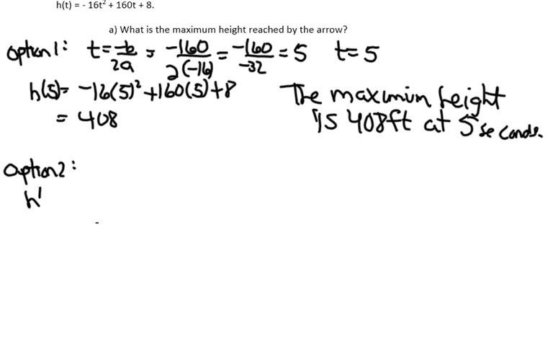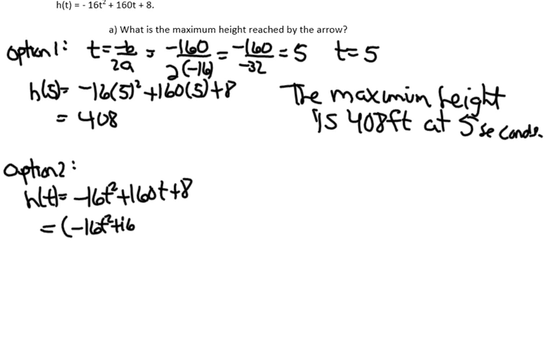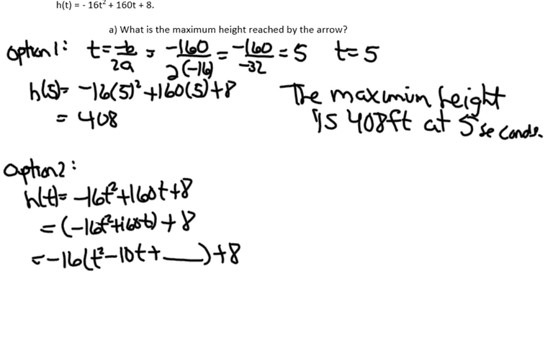So again, I'll rewrite this. Now, if you recall, I want to put the first two terms in the parentheses. I'll do that first, and put the constant on the outside. I need to factor out the negative 16. Okay. Now, how do you complete the square?